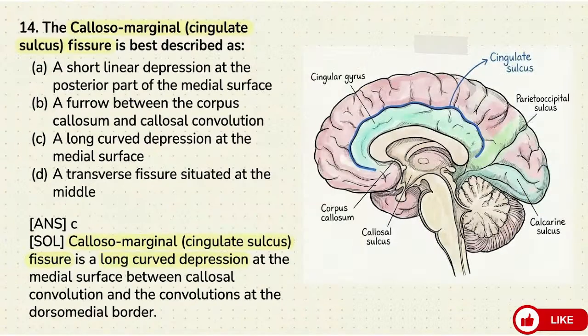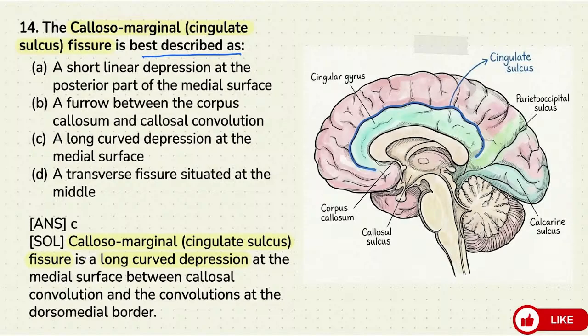Question 14. The calloso-marginal or cingulate sulcus fissure is described as dash. The options: a short linear depression at the posterior part of the medial surface; a furrow between the corpus callosum and callosal convolution; a long curved depression at the medial surface of the cerebral hemisphere; a transverse fissure situated at the middle.